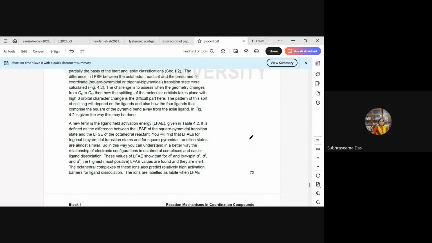The challenge is now to assess that the geometry changes from octahedral to C4v. Then the splitting of the molecular orbitals takes place where there is a high d orbital. The pattern for this splitting will depend on the ligands, and also on how the four ligands that comprise the square of the pyramid bend away from the axial ligand.